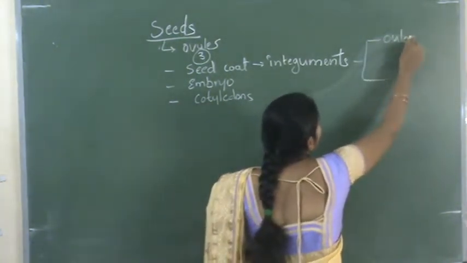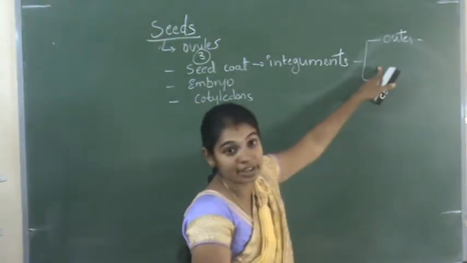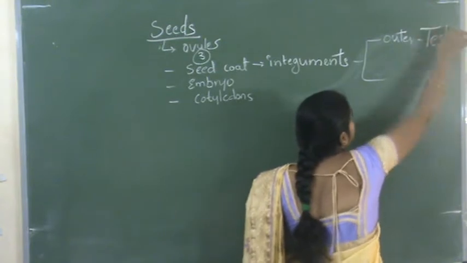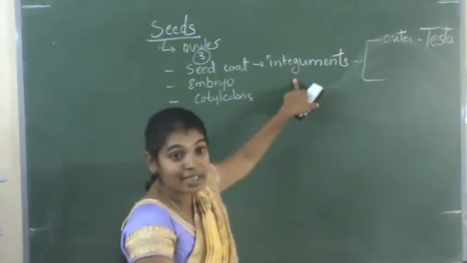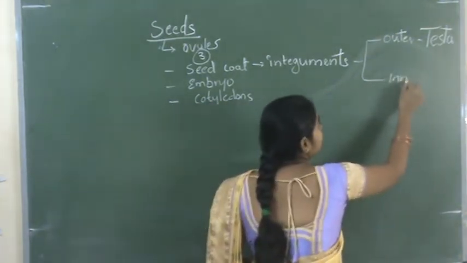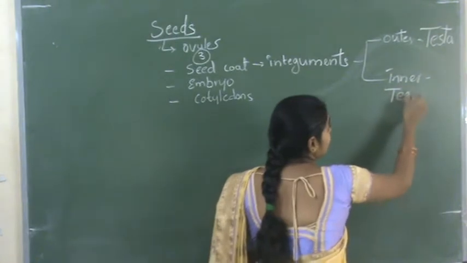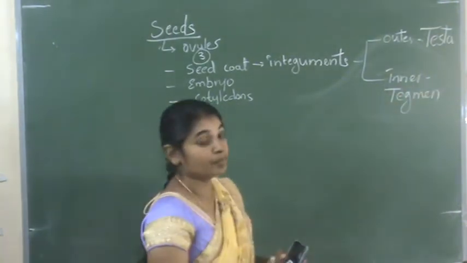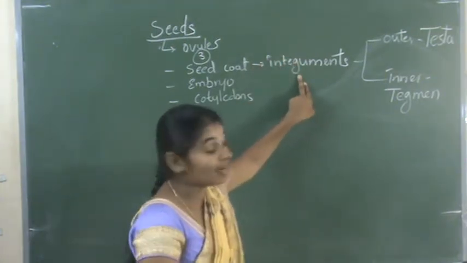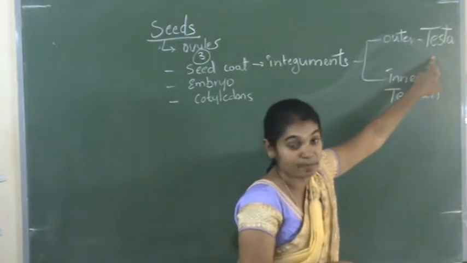From the outer integument, the outer seed coat is formed, and it is called the testa.